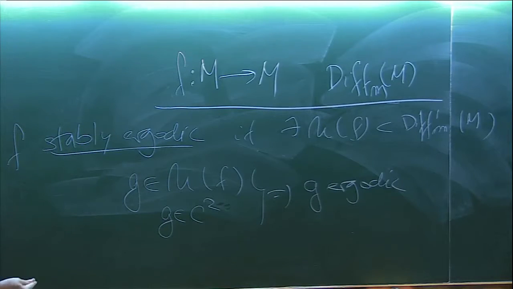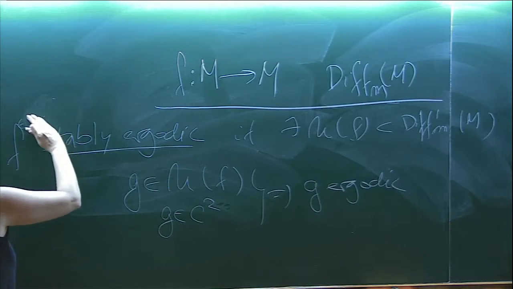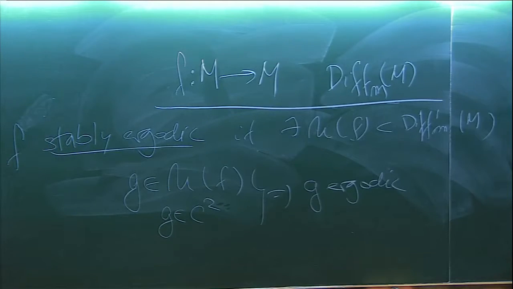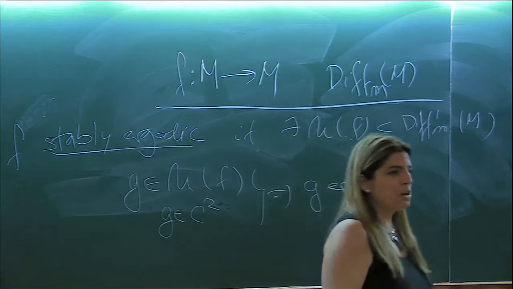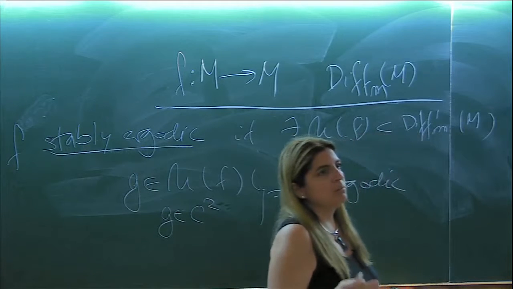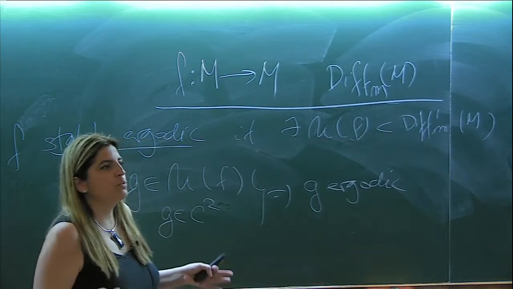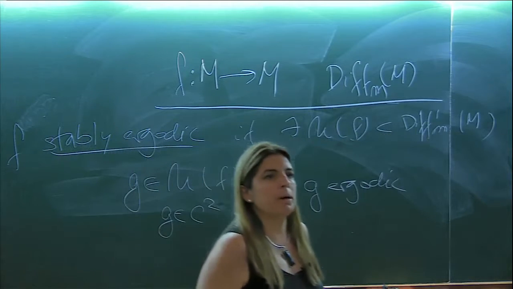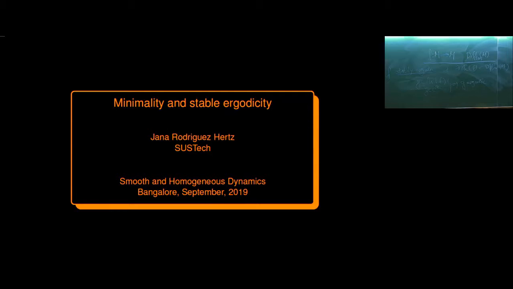Another subtlety is that I am not requiring that F be C2. So in principle, a stably ergodic diffeomorphism could not be ergodic, which is also annoying. But a generic stably ergodic diffeomorphism will be ergodic. So don't worry about it. We will be worrying about genericity. I will explain shortly afterwards what that means.